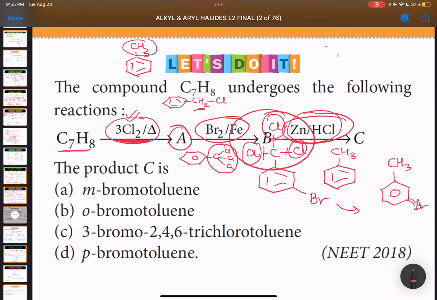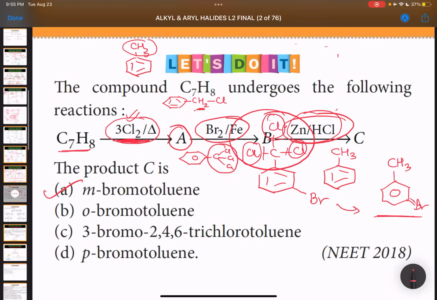Being connected to the benzene ring, it is very difficult for the bromine to come out. So this reduction is for sp3 carbon, and you will get meta-bromotoluene. So A will be your answer. Is that clear?